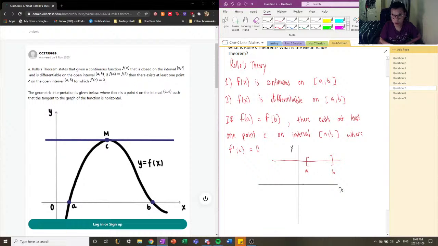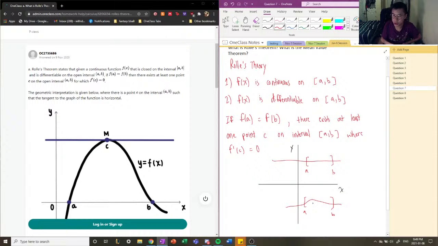We can do this with another example. Let's say we had a function with a small bump like this. If this is continuous on a and b, we have multiple points again, but at least one point.